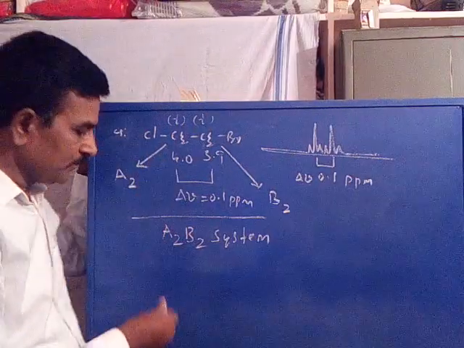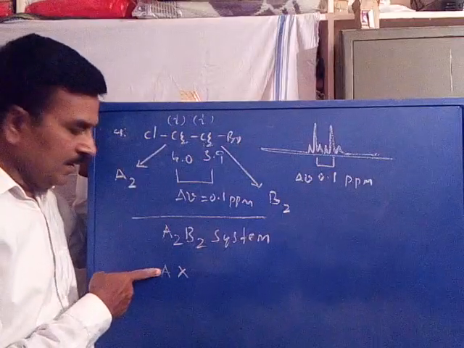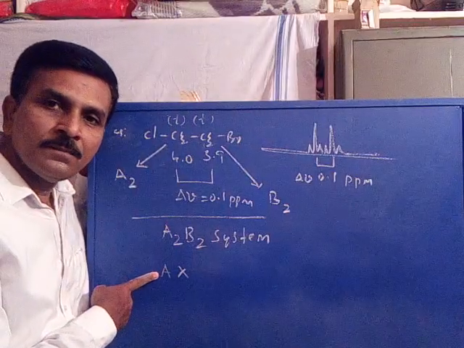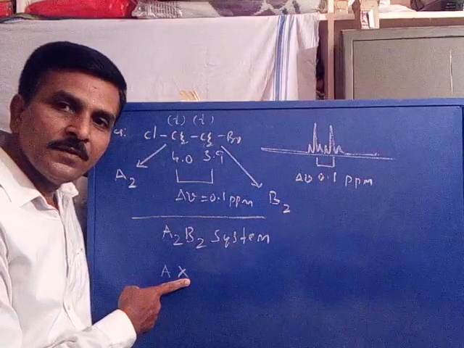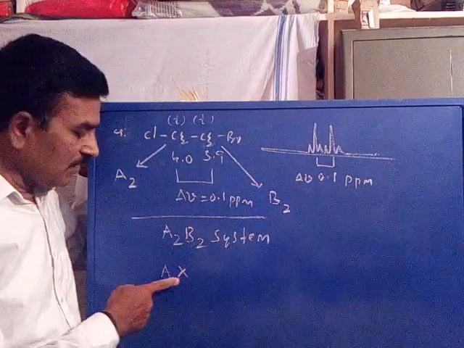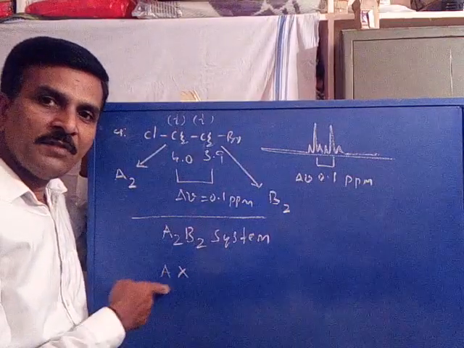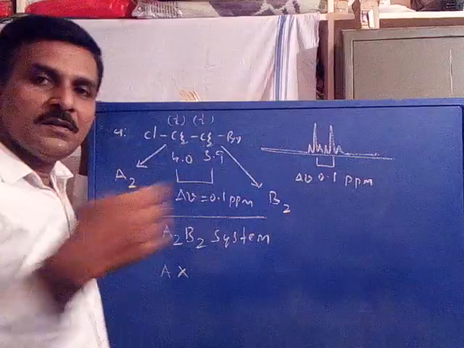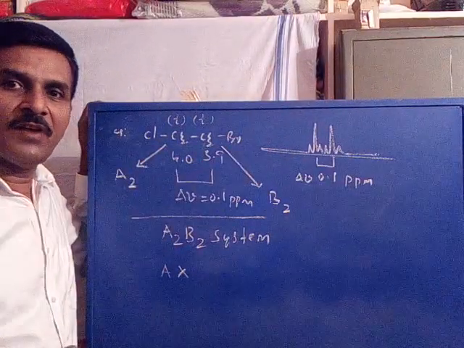Now AB stands for very close, whereas AX stands for far away from each other. Are you following? AX indicates 2 sets of proton, where set A is far away from set X. There is a larger difference. In alphabetical order, between letter A and letter X there are a number of other letters, so there is a larger difference.